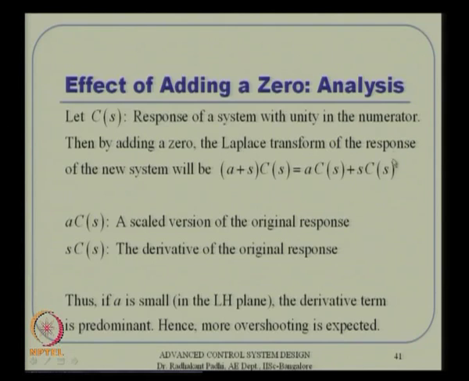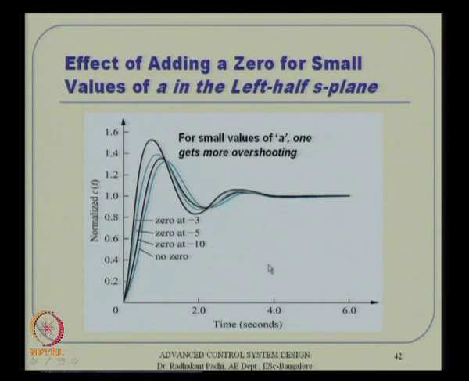So, if A is small, the derivative component plays a more important role here, because the derivative is also positive, in the same direction. It will lead to more overshooting. The overshooting that you expect is more if A is small compared to this term. That is what you see here.